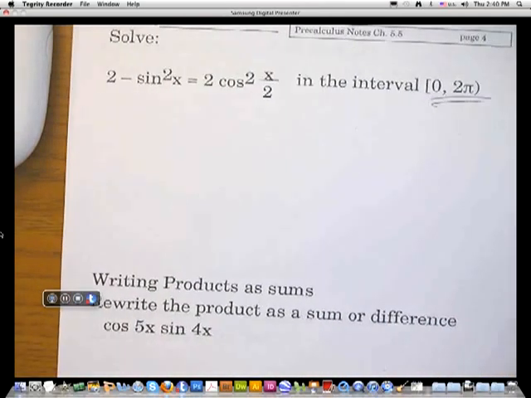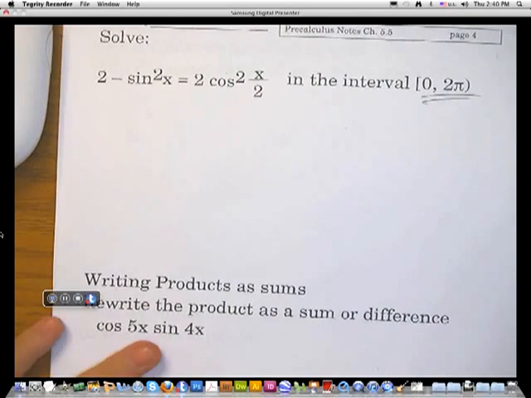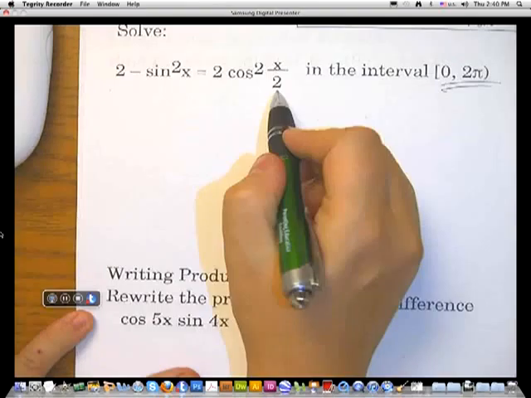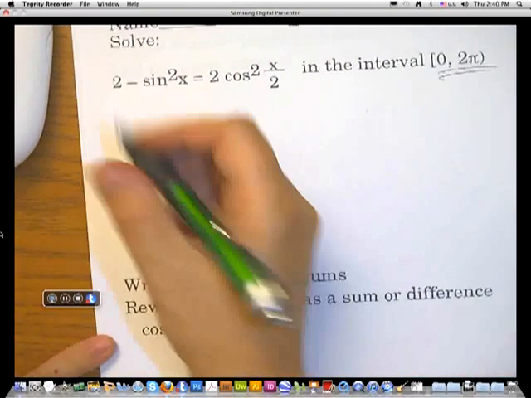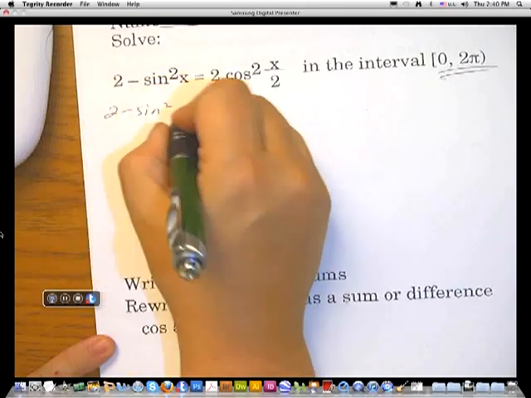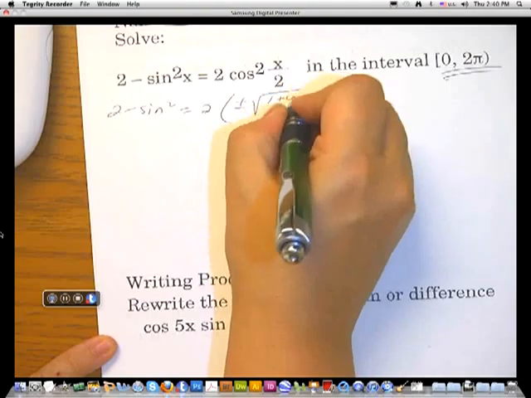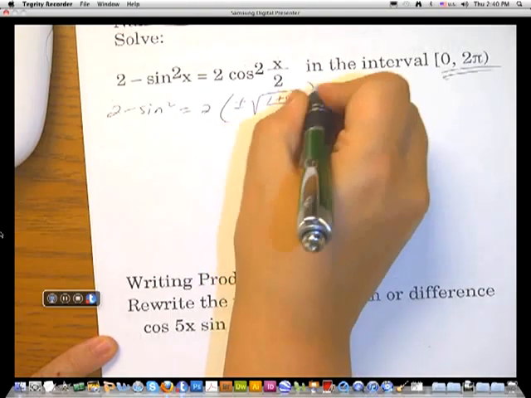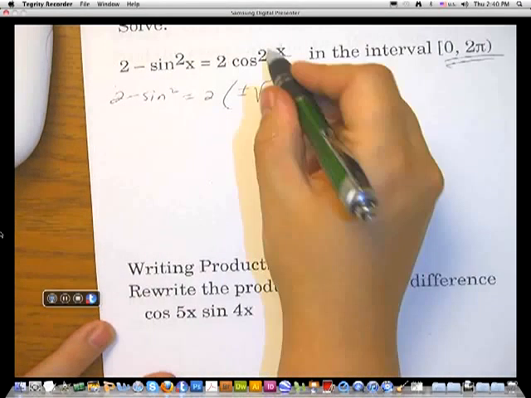Alright, so when we solve this, we're going to be on an interval, so we need to just make sure that all of our answers are in that interval. This is a half of cosine, so according to our half angle formula, we got plus minus 1 plus cosine over 2 squared, because of the square there.